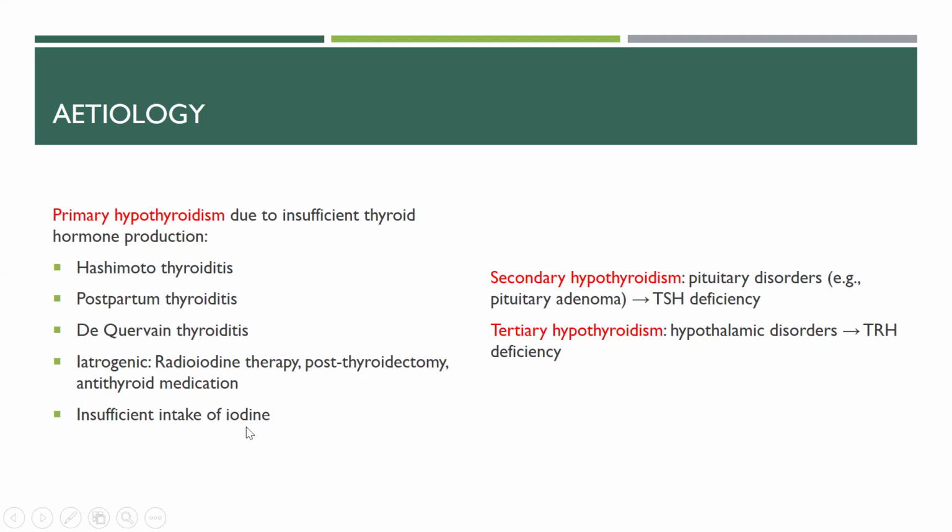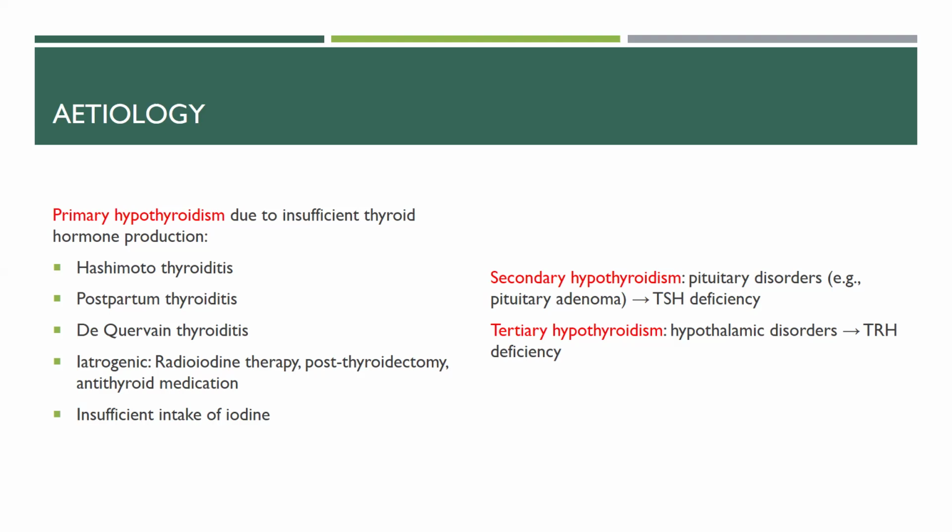Insufficient intake of iodine is the most common cause of hypothyroidism worldwide, not just in iodine-sufficient regions, but worldwide. When we think of hypothyroidism, people normally think nutritional, then they ask, have you been taking iodine?